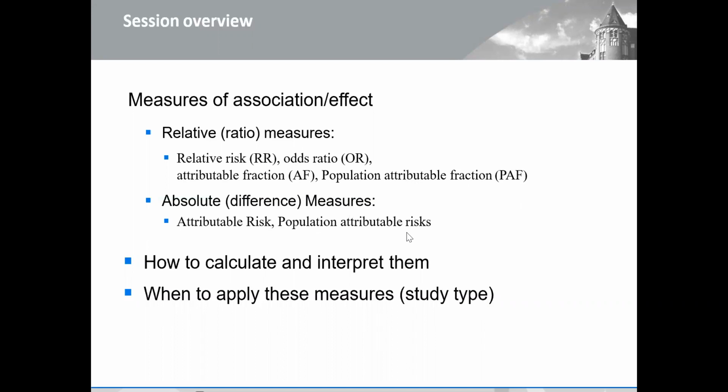So these measures of effect, as I said, it might be difficult to distinguish in terms of the terminology, because some of the terminology is used interchangeably. What we'll be discussing today, the attributable risk and attributable fraction, in some literature are called measures of impact, because now we are looking at the population level, in terms of the relationship between exposure and outcome in terms of causing disease.